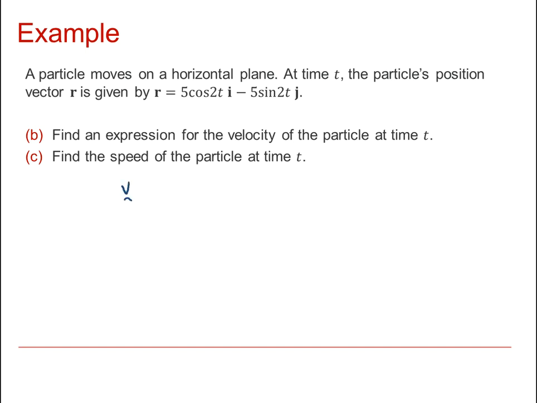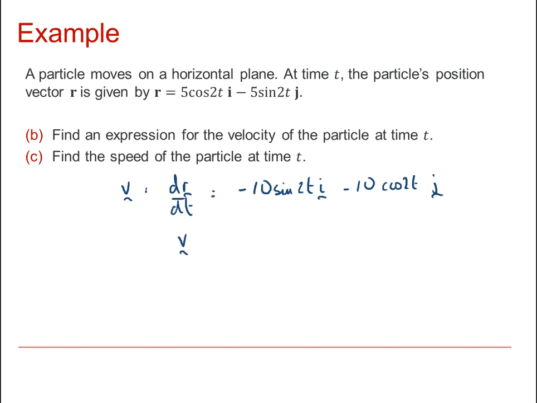The velocity is equal to the derivative dr by dt, so that's equal to negative 10, as we've got 2 coming out from the cos 2t, so it's negative a sine function: negative 10 sin 2t in the i direction and minus 10 cos 2t in the j direction. That's our expression for the velocity at time t.